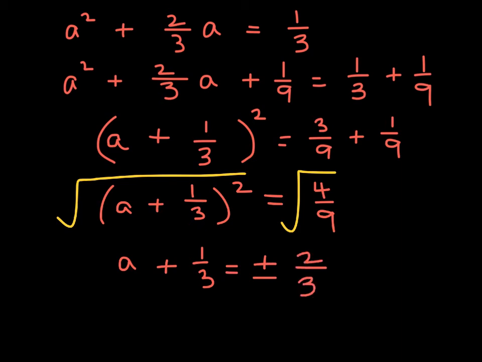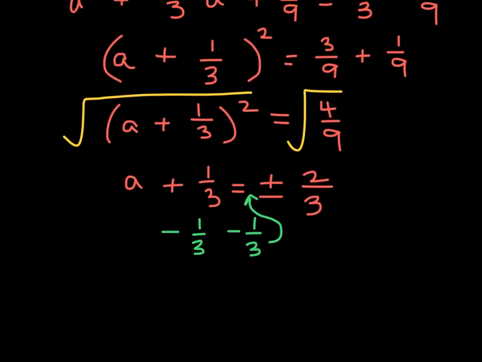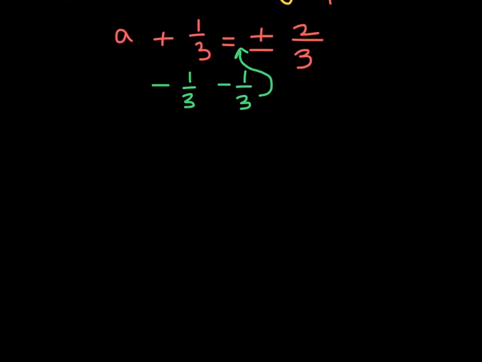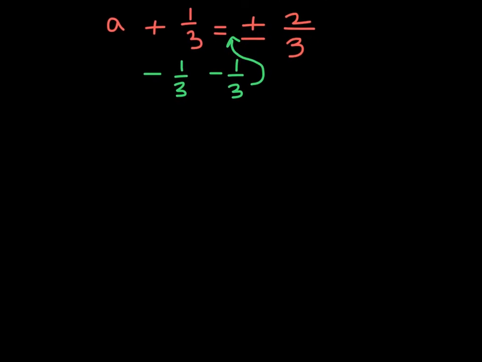It's now time to subtract 1/3 from both sides so that we can isolate a. Now, don't forget, when you subtract 1/3 from both sides, put negative 1/3 in front of the plus or minus symbol. This will give you a is equal to negative 1/3 plus or minus 2/3.